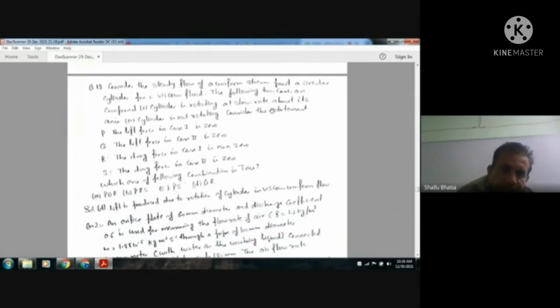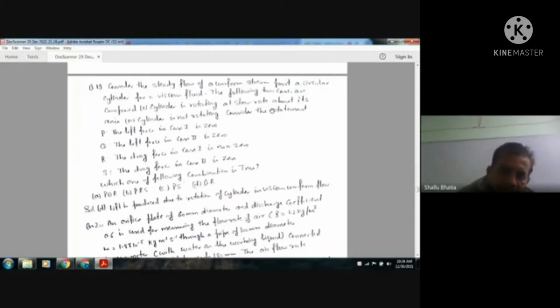consider a steady flow of a uniform stream past a circular cylinder for a viscous fluid. The following two cases are compared. One, cylinder rotating at a slow rate about its axis. Two, cylinder is not rotating.